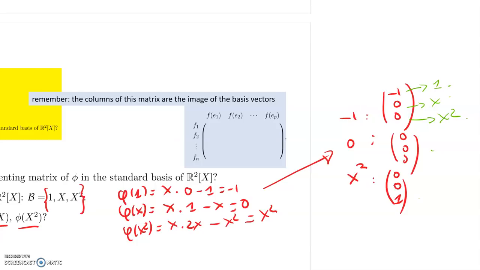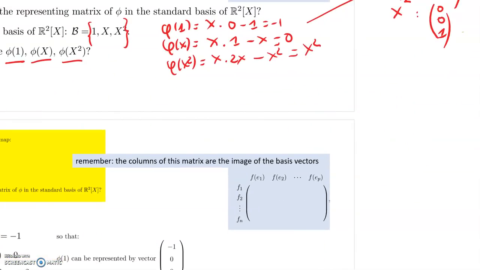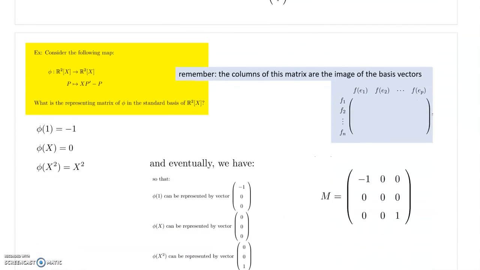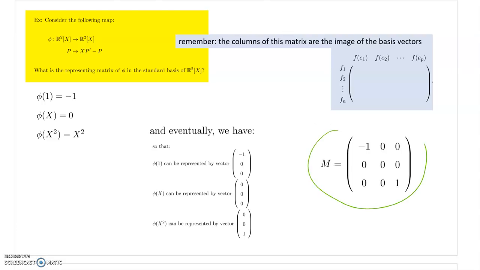So now that we have those three vectors, we can just concatenate them. These are the three vectors we obtained, the ones we've just calculated before, and we put them together in the matrix. That's the matrix that is going to represent our map phi from R2 of x to R2 of x.